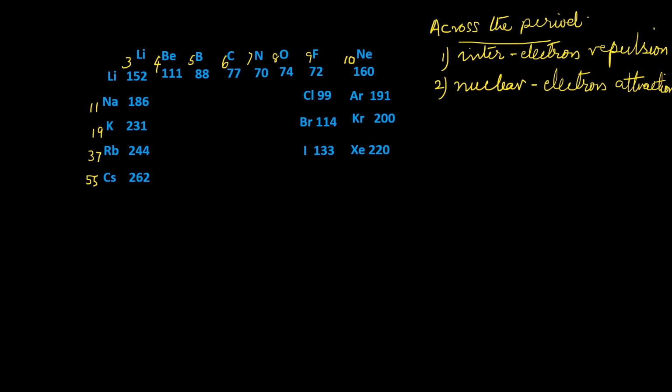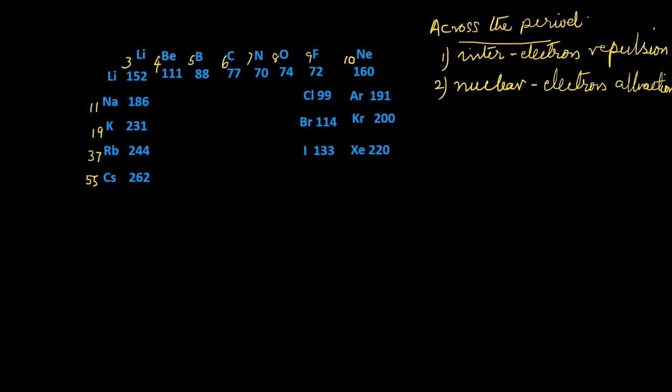If the inter-electron repulsion is more, there is every chance of the atom becoming slightly bigger. On the other hand, if the nuclear electron attraction is more, then the electrons are pulled towards the nucleus and the size of the atom decreases.